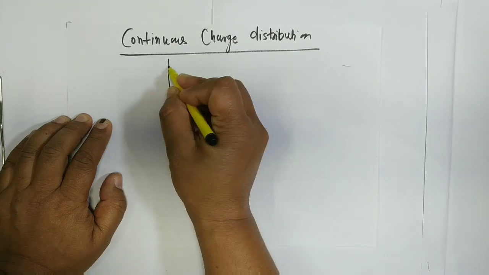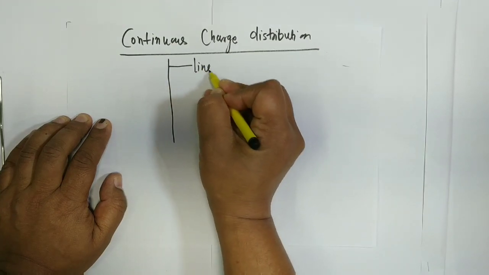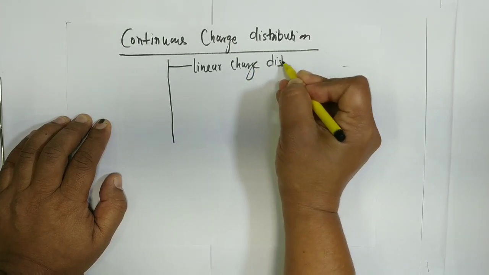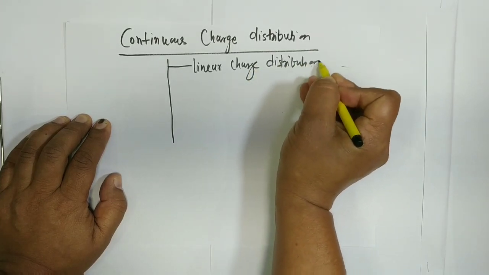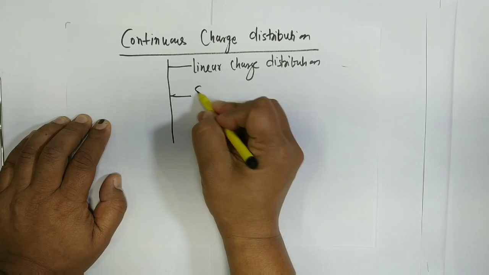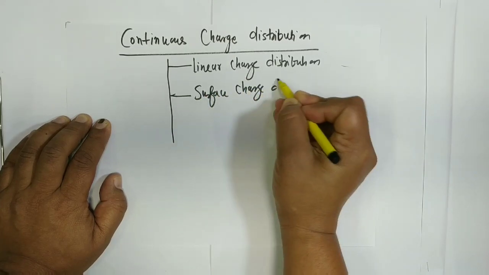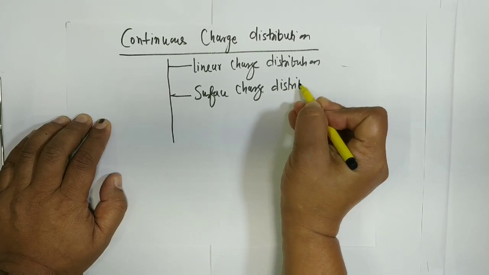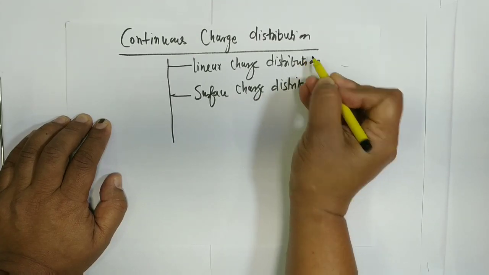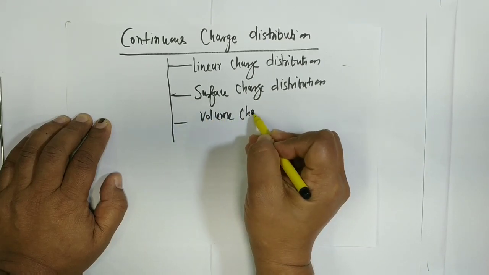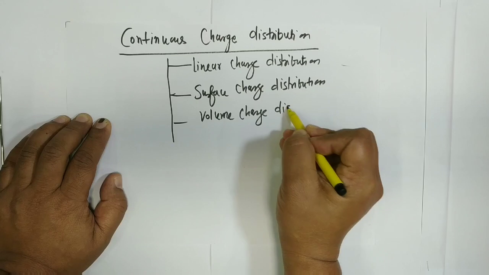One is simple, the linear charge distribution. Another is the surface charge distribution. And the last one is volume charge distribution. So three types of charge distribution are there when the charge is continuous.